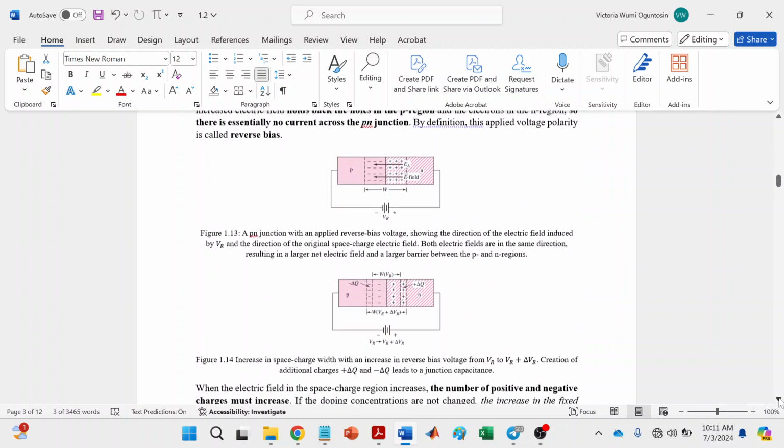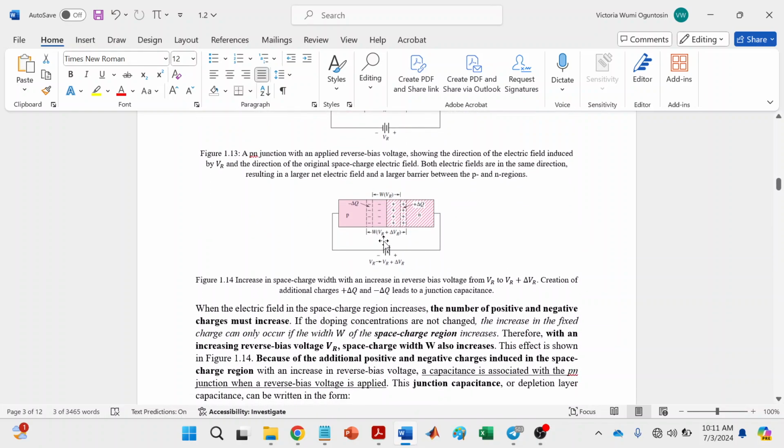So essentially, because of the increase in the electric field, the number of positive and negative charged ions in this space charge region has to increase, because the electric field is far greater than what we had in equilibrium.